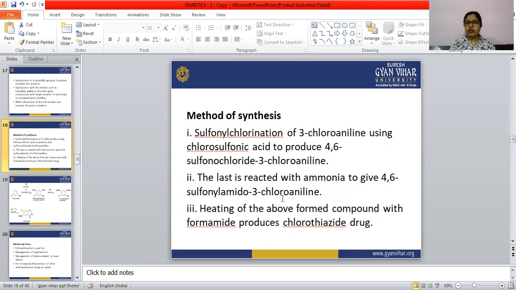After that, when we heat this product with formamide, that produces the chlorothiazide drug.